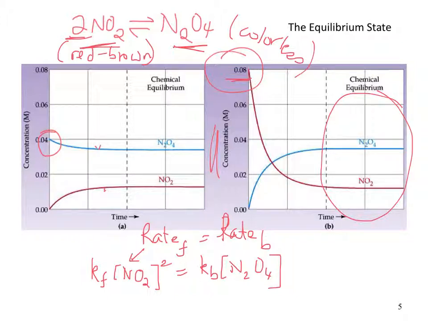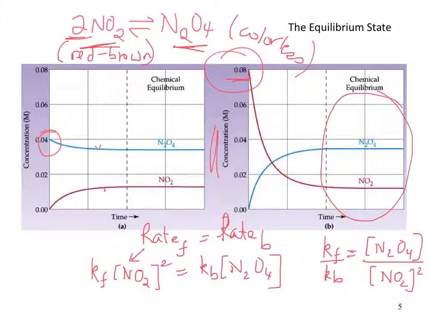And so if rate forward is equal to rate backward, we could say that Kf over Kb is equal to [N2O4] divided by [NO2]². And this ratio of the forward over the backward rate constants is given a name. It's called the equilibrium constant.